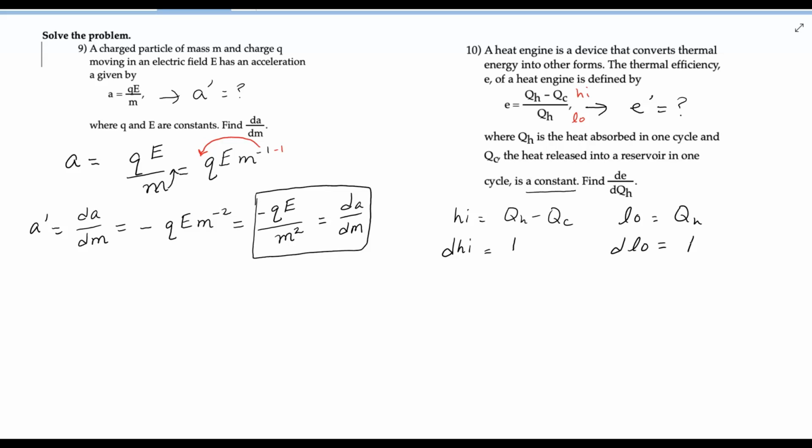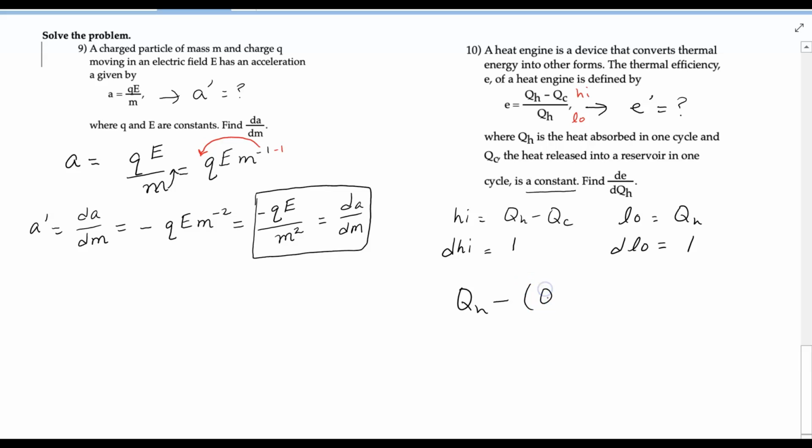So now we multiply low d high, which gives me Q sub H times 1, so Q sub H, minus high d low, which is Q sub H minus Q sub C times 1, which we really don't need to multiply by.